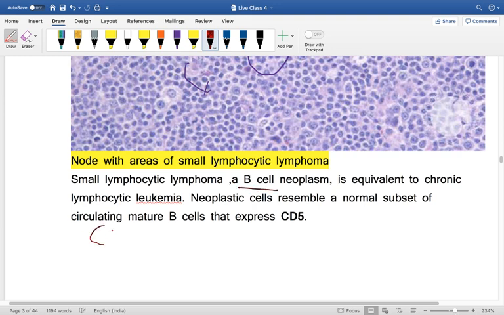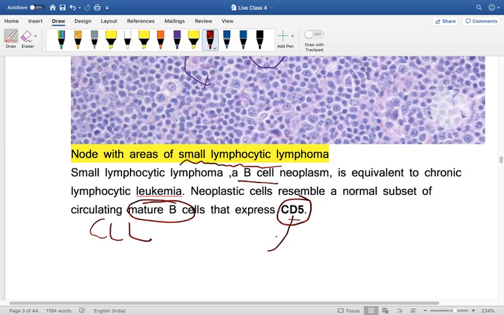It is equal to your CLL. And from where does it arise? Circulating mature B cells, which express CD5. From them arises this small lymphocytic lymphoma. Mainly remember one point, CD5 and small lymphocytic lymphoma.